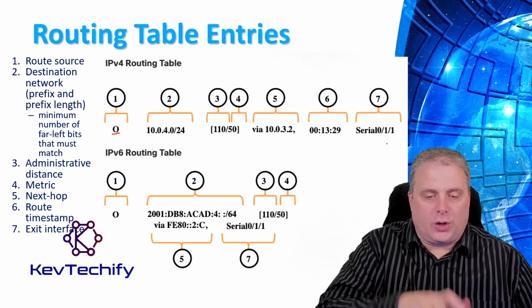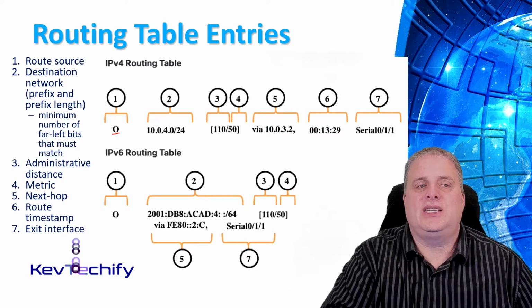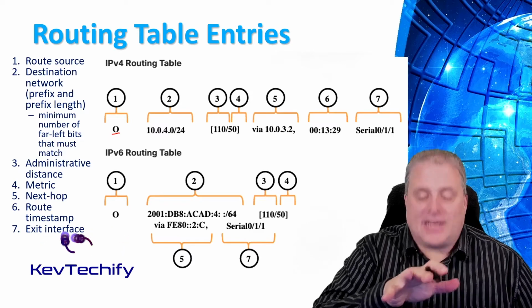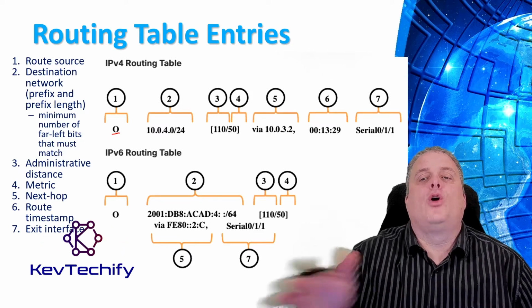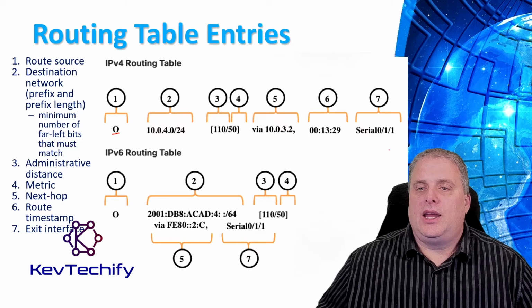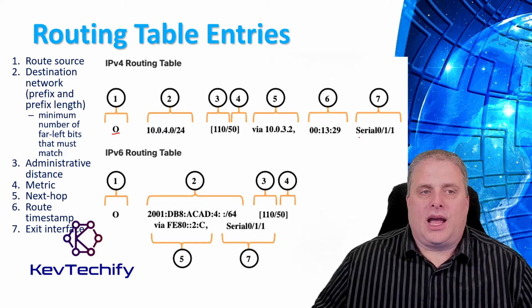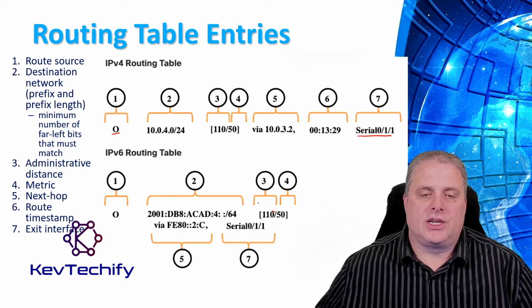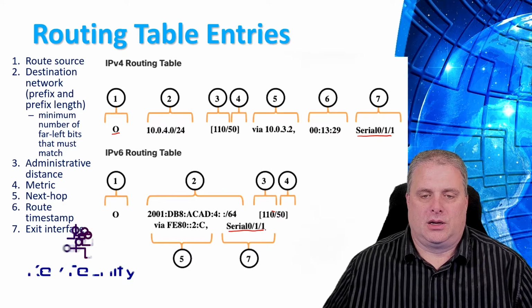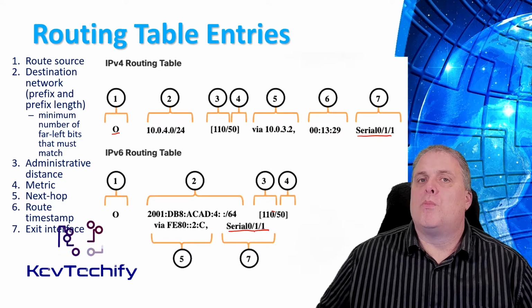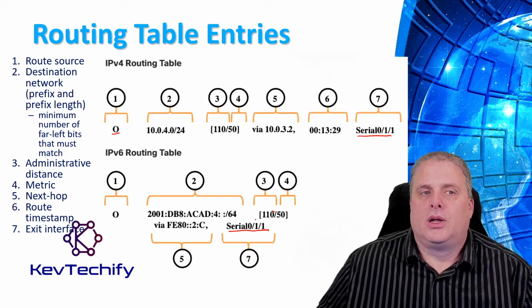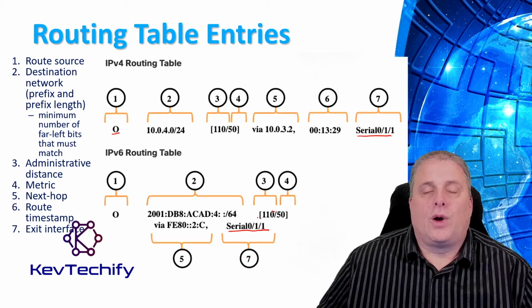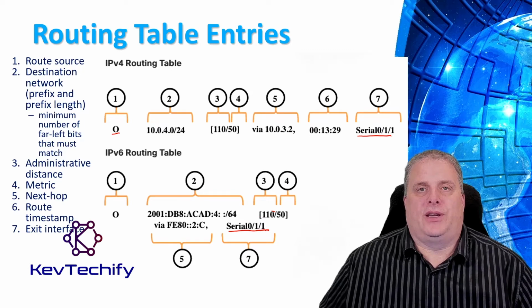On the device we're currently at, to get to our destination network, what interface on this router do I need to go out of? Here on the IP version 4 one, we go out serial 0/1/1. IP version 6, it's the same interface. Notice how we can have multiple networks, multiple routes, using the same interface.